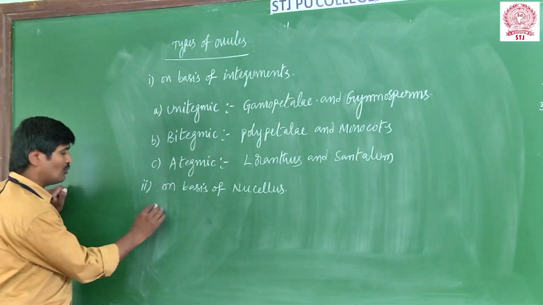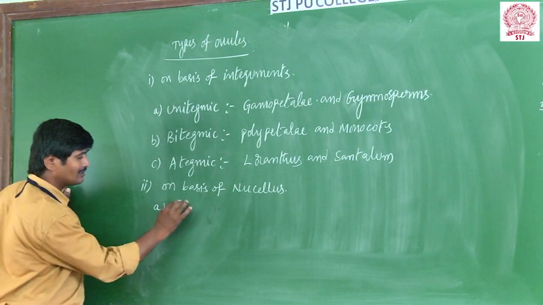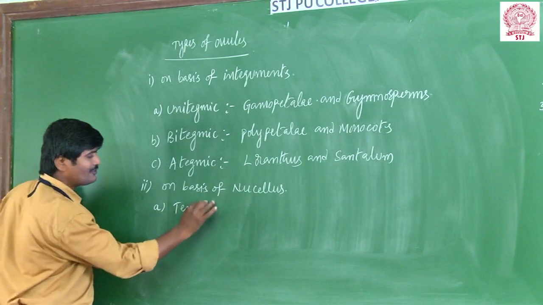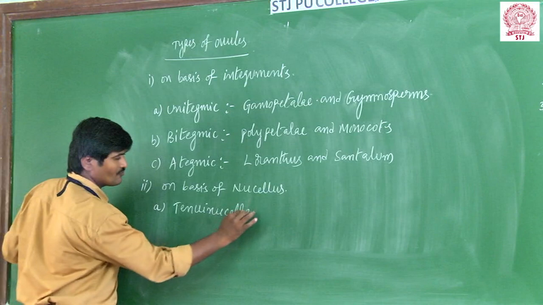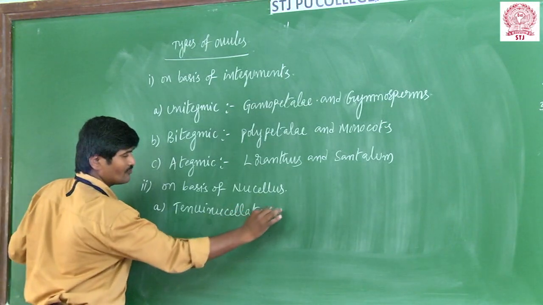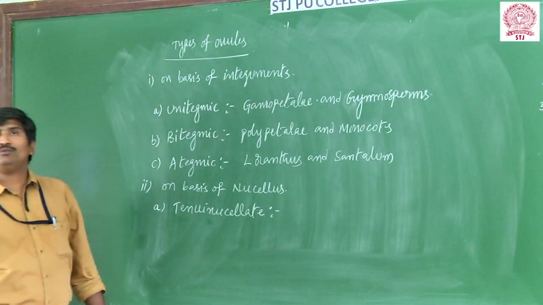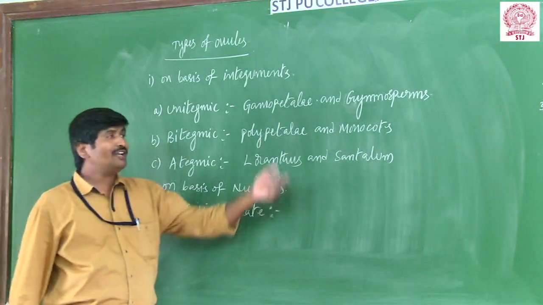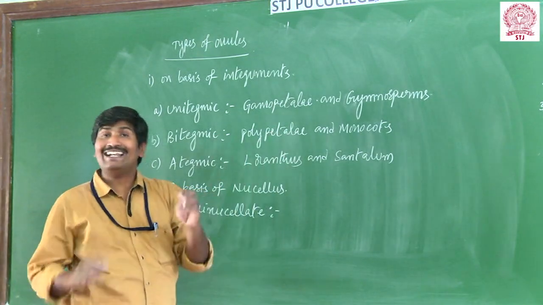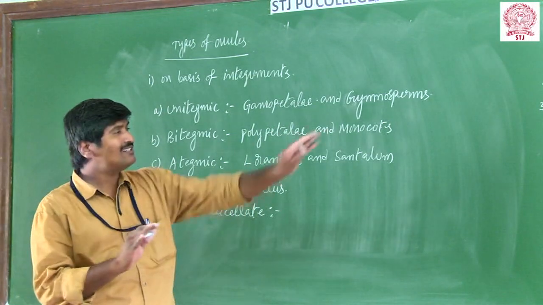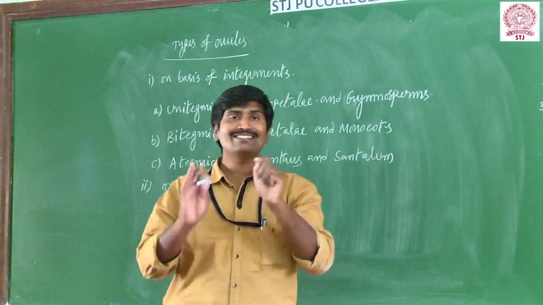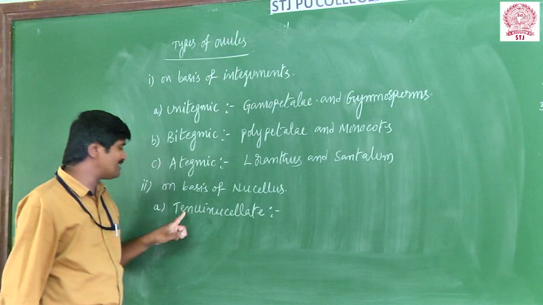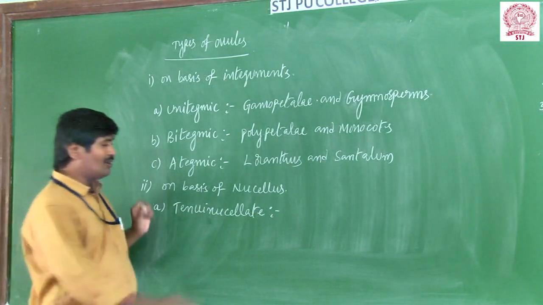One is tenucellate ovule. Here the nucellus is less developed because it develops from only a single layer. Such type of ovule is known as tenucellate.